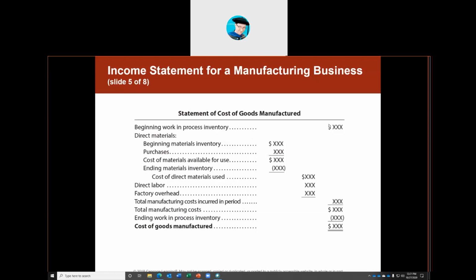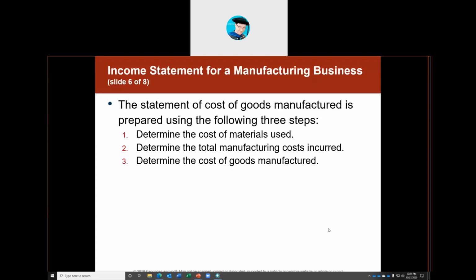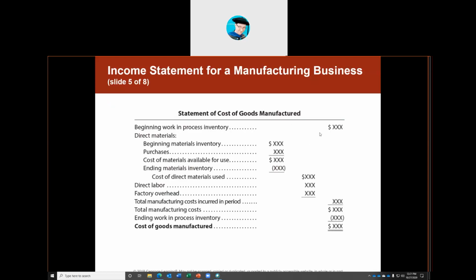We take our beginning work in process inventory plus our total manufacturing costs for the period equals our total manufacturing costs, minus our ending work in process inventory equals our cost of goods manufactured. So just kind of look at this and remember this formula. It'll help with, I believe, one of the quiz questions.